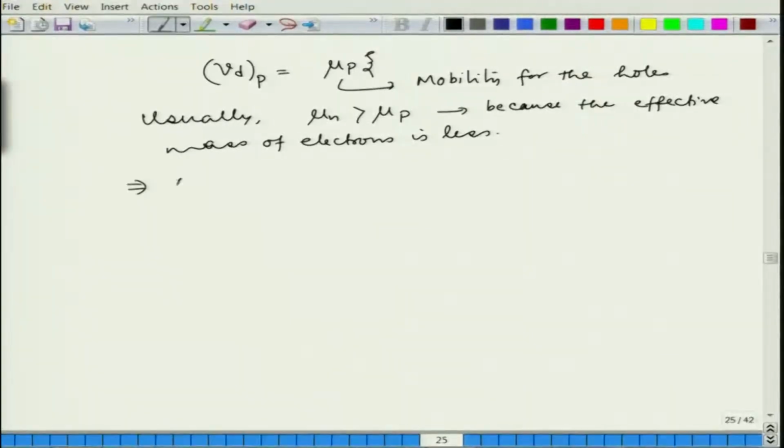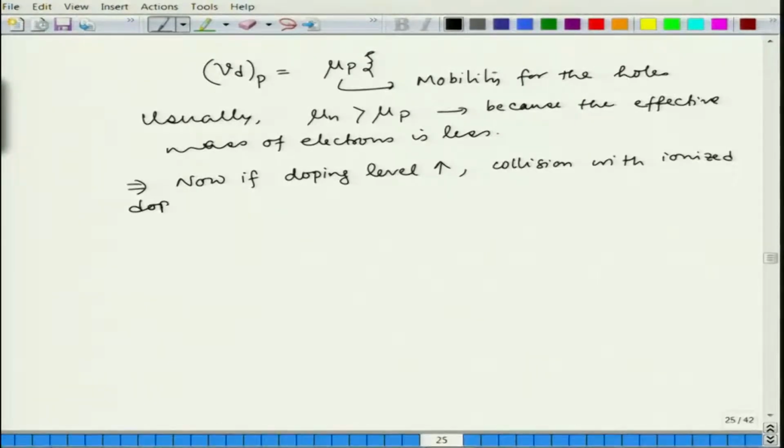Now, if the doping level increases, that means collision with ionized dopant elements also increases, right, and it decreases the mobility.